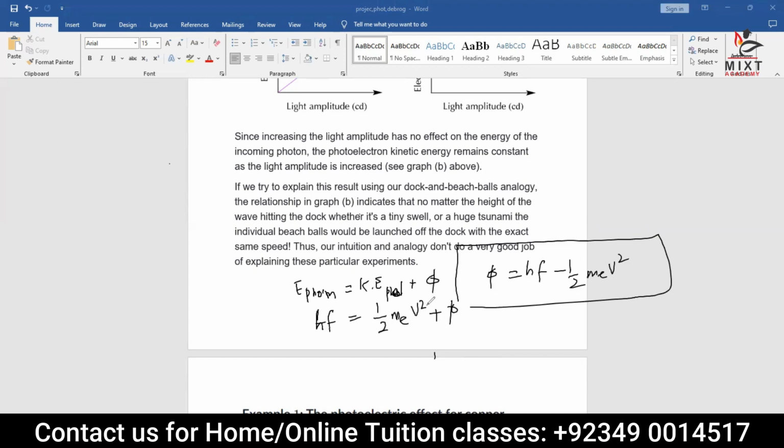Anybody have any question, please ask, because this is a very, very important topic. Your whole quantum mechanics is based on this. If you understand that, then furthermore, you will understand everything, because from now onwards, you will be treating light as a photon rather than as a wave.